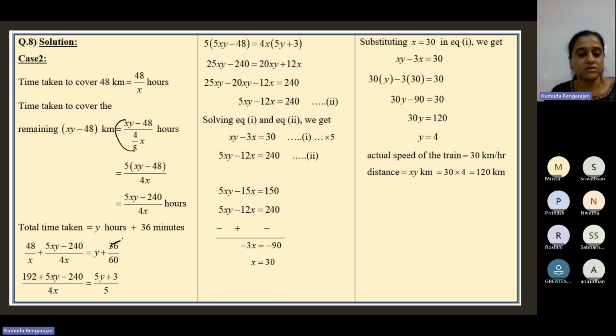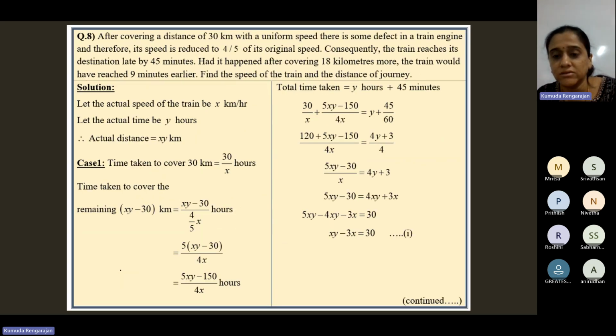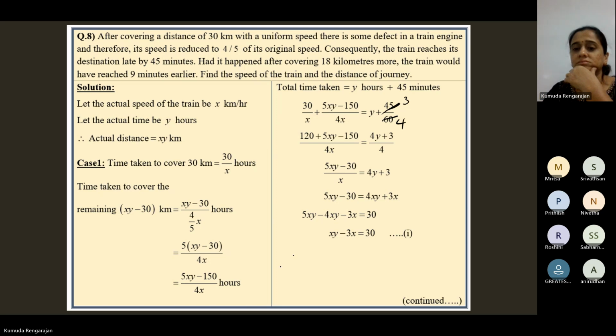So this is 12 3s are and 12 5s are. Here also same thing. I didn't cancel, but it's 45, this is 3s are, this is 4. I told you when I explained, you should have cancelled that. That's why the LCM I've taken is 4 here, and then this 4 and 4 get cancelled.